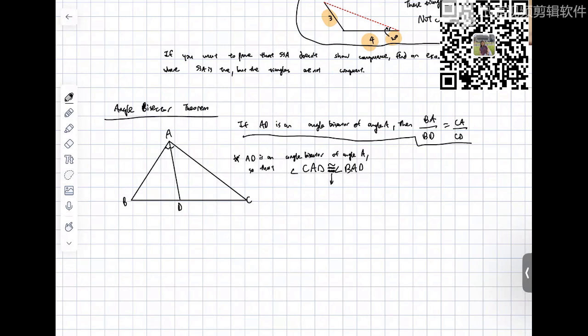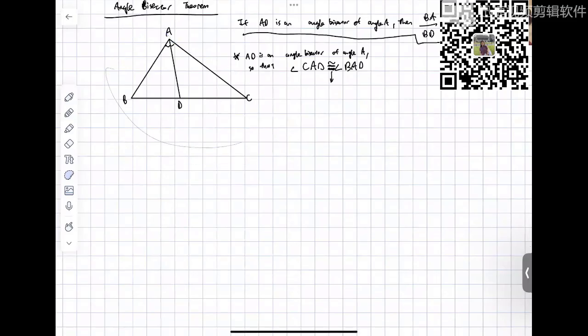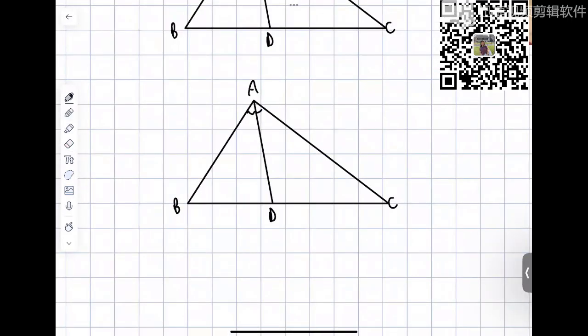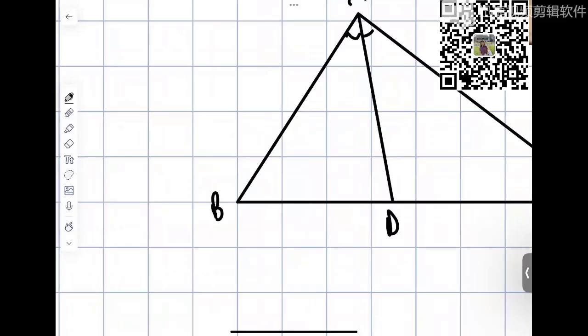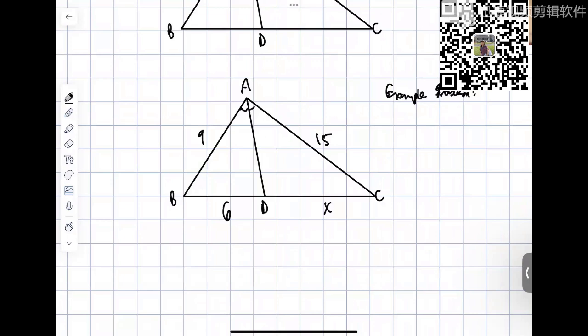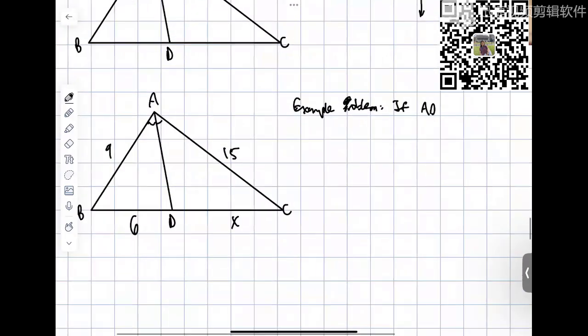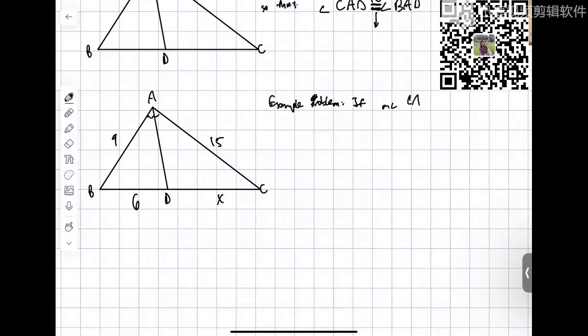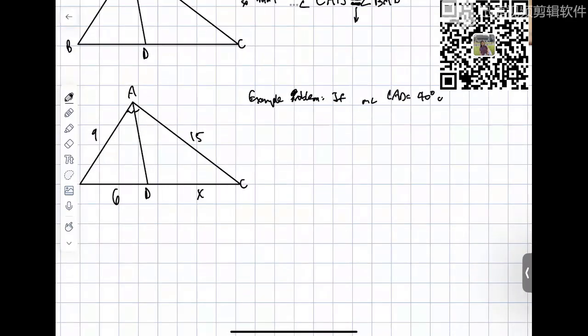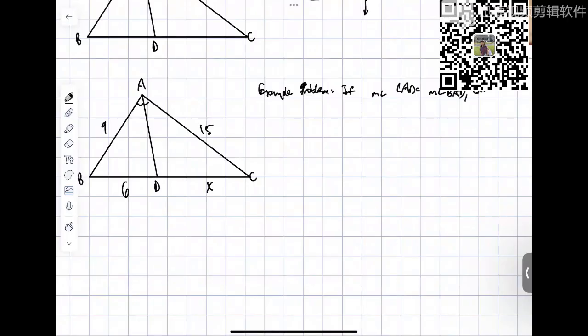So I'm going to give you some examples. I'm just going to be drawing the same triangle, so the numbers might not be totally accurate in terms of how many grid lines they are, but let's say 9, 6. If measure of angle CAD equals measure of angle BAD, what is X?